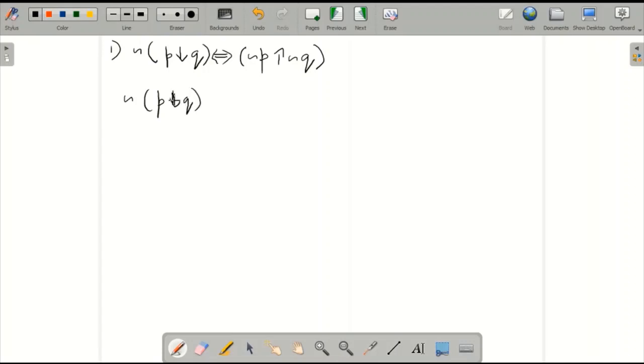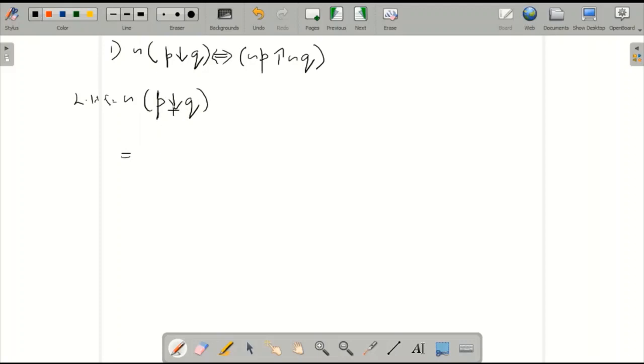I took the left hand side. Let's just solve this.